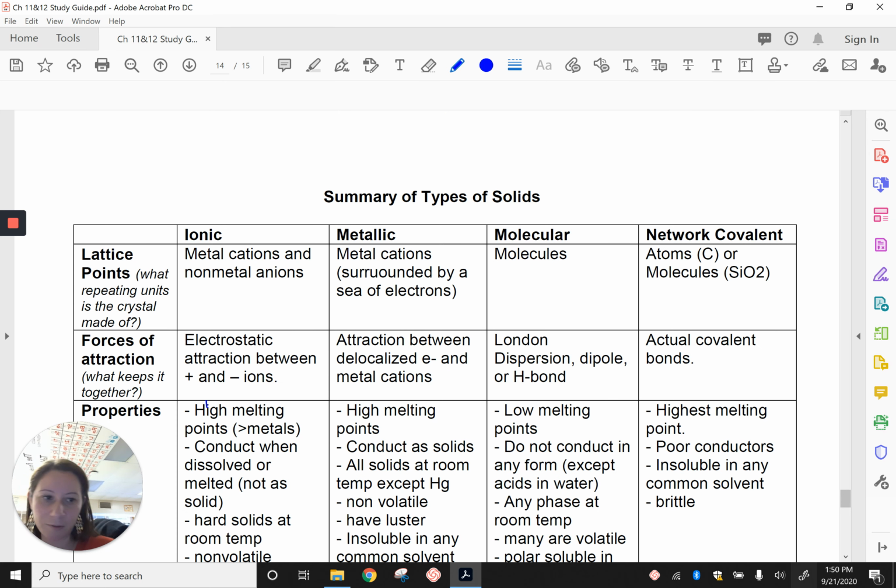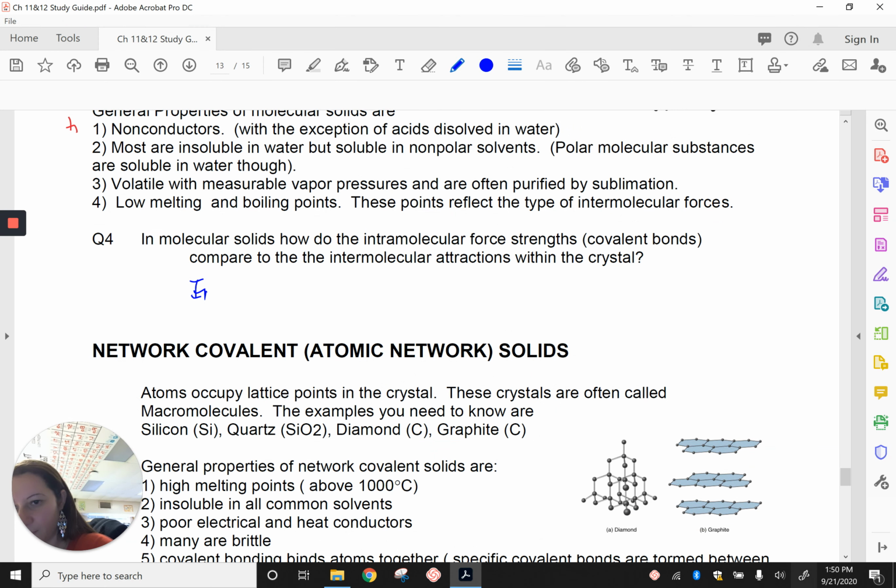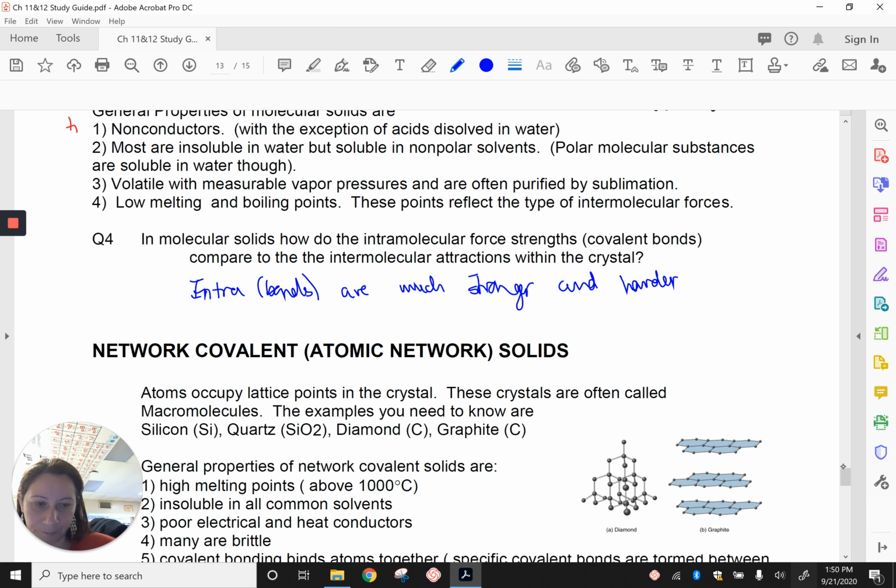So the intramolecular bonds are much stronger and harder to overcome than the intermolecular forces.